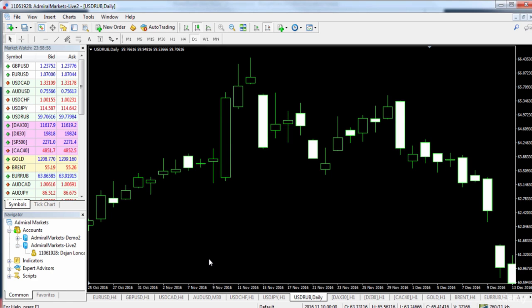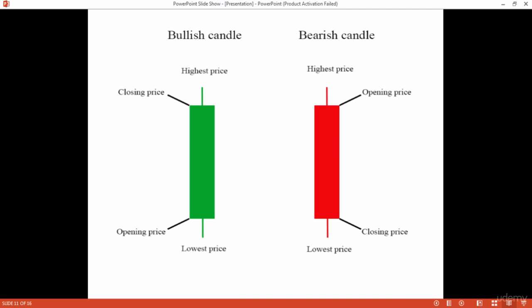Now let's get back to our slide. The first candle is green, which means growth of the value within the time interval, which can stand for 1 minute, 1 hour, 1 day, or other. The body of the candle is formed of a rectangle and two vertical bars, one below and one above the rectangle.